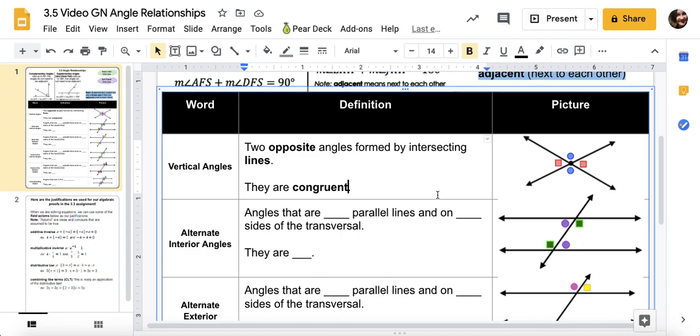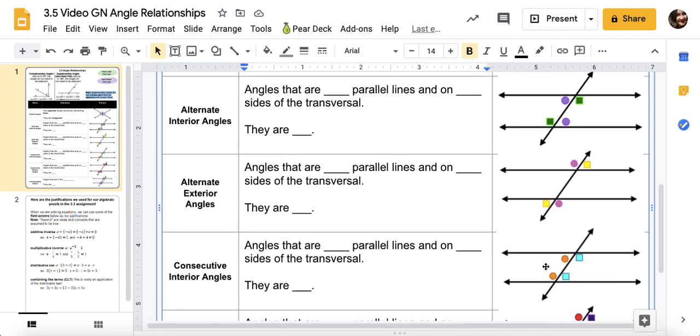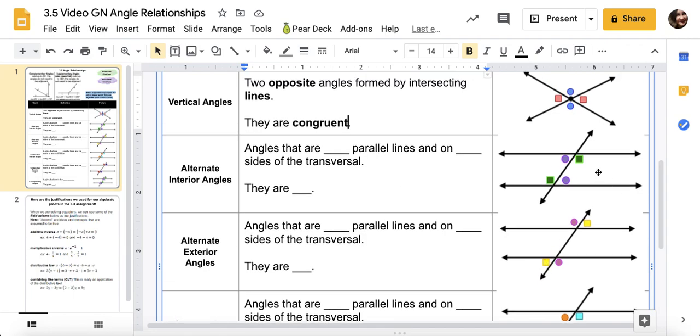When we have two parallel lines that are cut by a transversal, this line in the middle would be the transversal. These are our parallel lines. There are a number of special angle relationships. So when we have angles that are inside parallel lines and on opposite sides of a transversal, they are congruent.